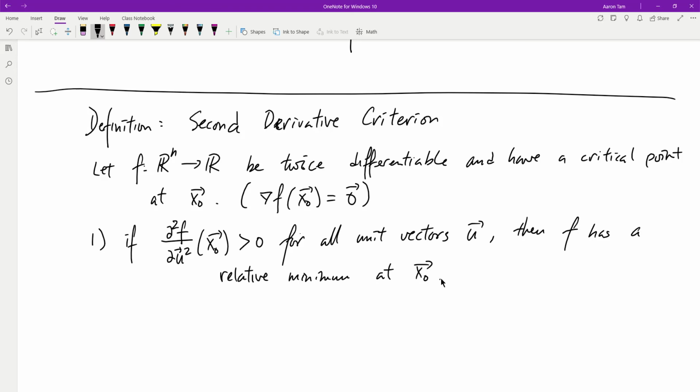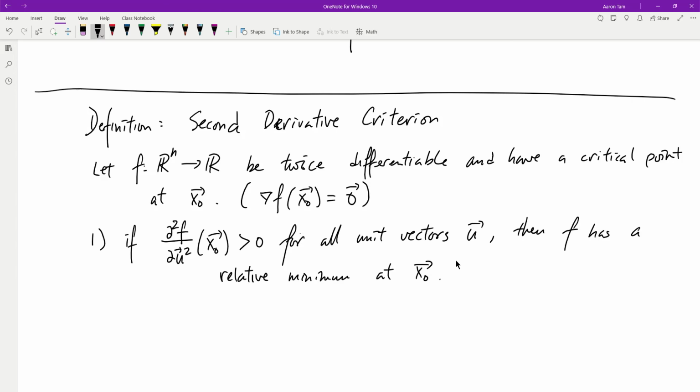So let's try to understand what this is saying first. This basically tells me that if I take any direction u going toward or out of x sub 0, and I take the second directional derivative in that direction, and that second derivative is greater than 0 for every single direction that I choose, then we have a relative minimum at x sub 0.